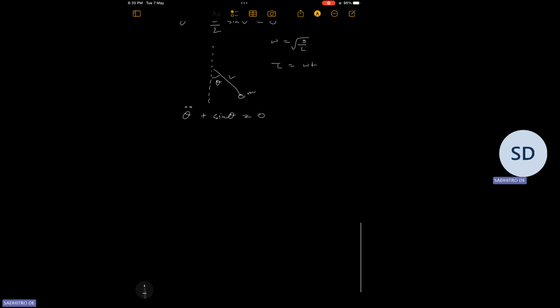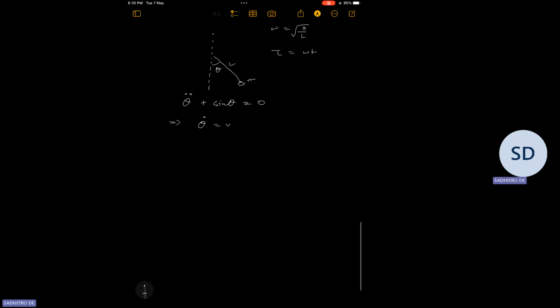So the corresponding coupled first order system is given by theta dot equal to v and v dot equal to minus sine theta, where v is the angular velocity of the pendulum and it's a dimensionless quantity.